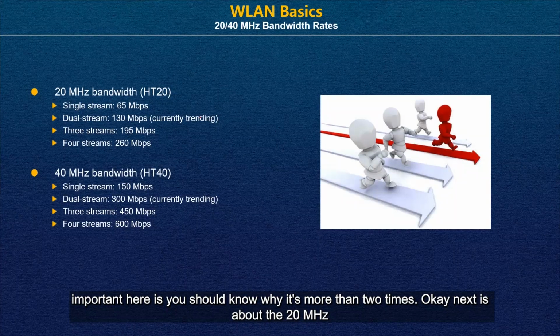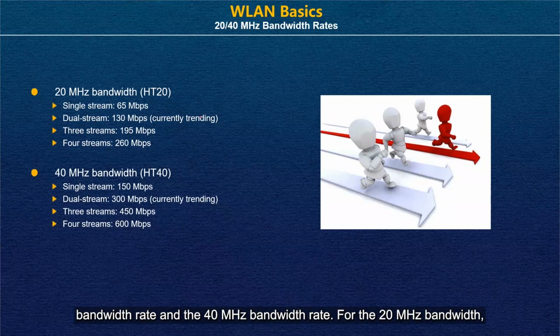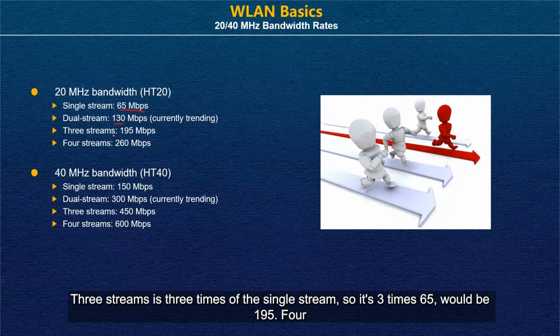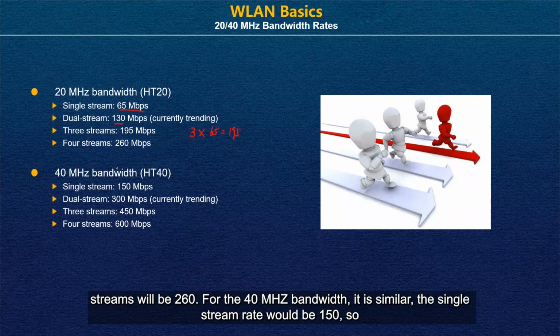Okay, next is about the 20 megahertz bandwidth rate and the 40 megahertz bandwidth rate. For the 20 megahertz bandwidth, if it's a single stream, the speed is 65 Mbps, and for dual stream, the rate is 130. 3 streams is 3 times the single stream, so 3 times 65 would be 195. 4 streams would be 260.